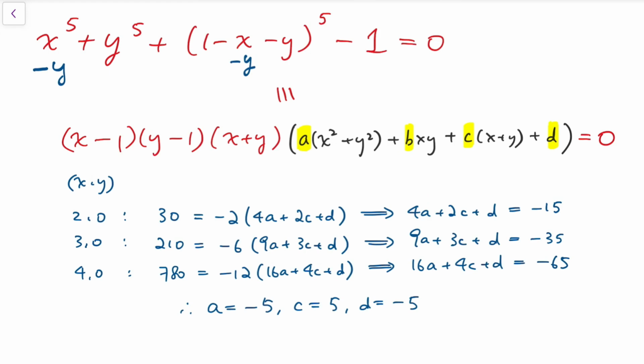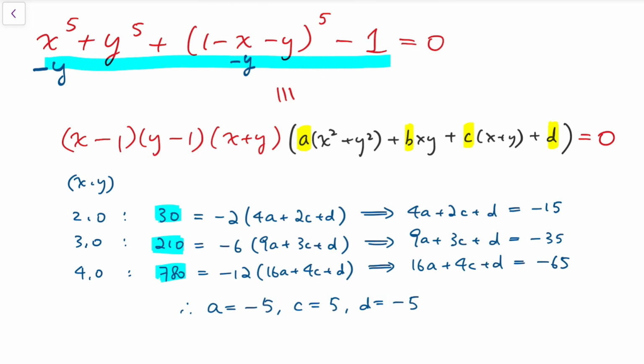So here are the results by the computation. I've put x equals 2, 3, and 4, and y equals 0. The numbers 30, 210, and 780 are the results from this expression. And for the other side, I just replace x by 2 and y by 0, and so on.